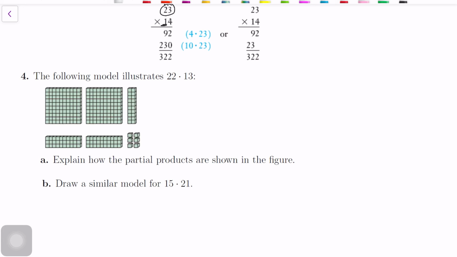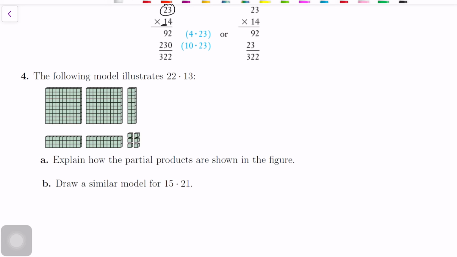And guys, since the order in the product doesn't matter, it doesn't matter if I do 13 times 22 or 22 times 13. It doesn't really make a difference.